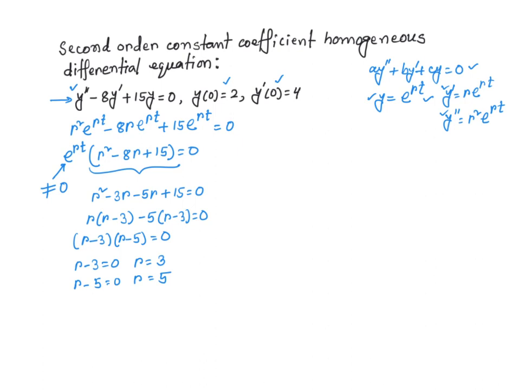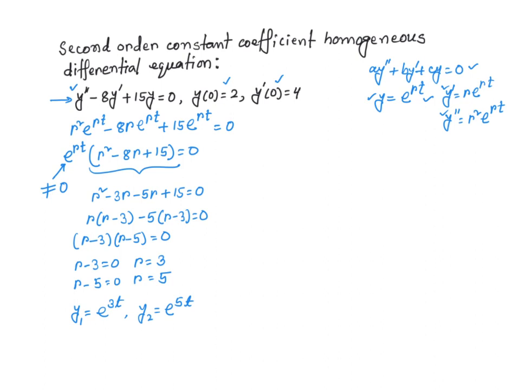Now I can go ahead and find those two solutions, which are going to be y1 is equal to e to the power rt, meaning e to the power 3t, and y2 is going to be e to the power 5t. All right.